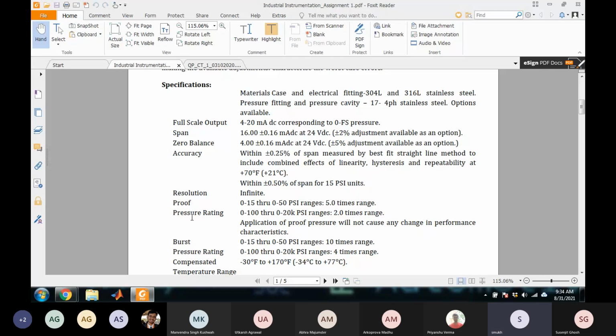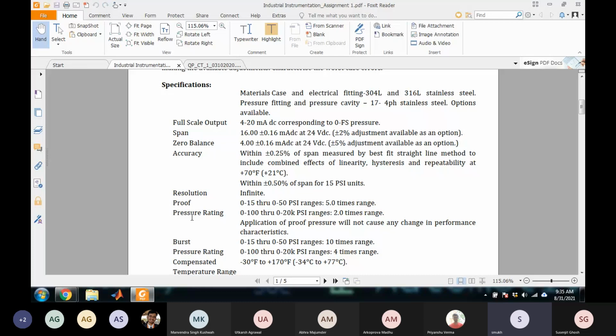So when they say resolution infinite, it merely means that the transducer mechanism is continuous. Theoretically, a small pressure change gives a small strain, then a small resistance change, which will be converted to a small milliampere change.